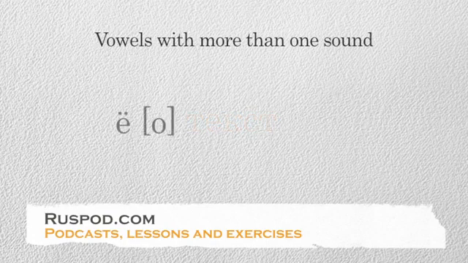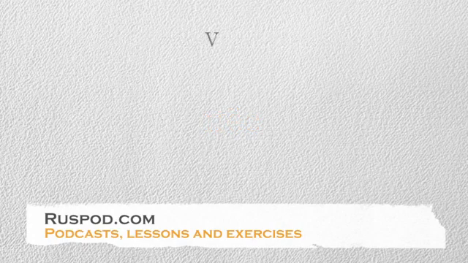For example, in the word пёс, a he-dog. P, O, S. Пёс. And again, we have a soft consonant in the beginning because the letter yo makes it soft. So instead of p, we have a soft consonant p. Пёс. So we've covered all of the vowels of Russian alphabet.